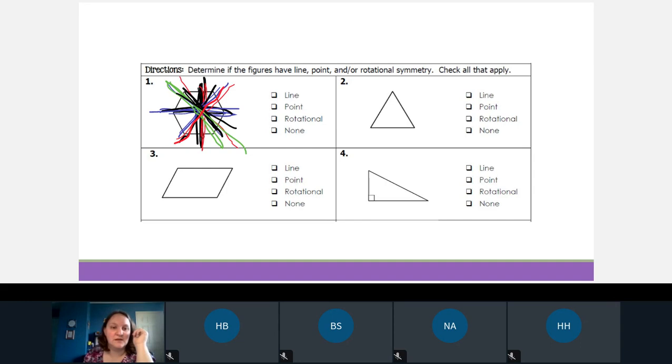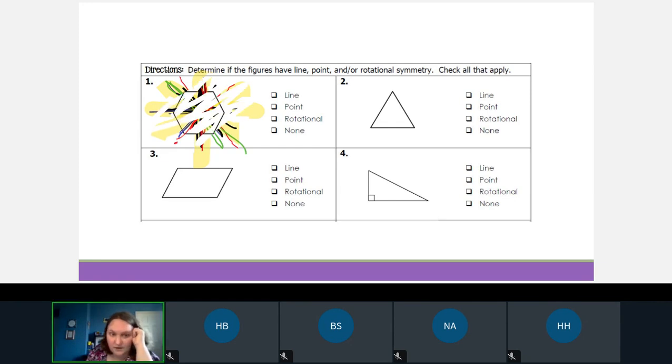Cool. All right. So hopefully you can see everyone's here. I'll do mine in yellow so that we can really see what's going on. We have a line of symmetry here and here and here through all of the sides. But then we also have lines through the points.